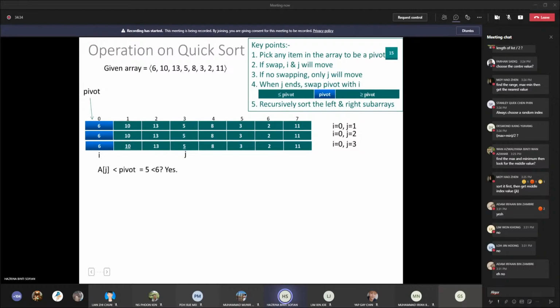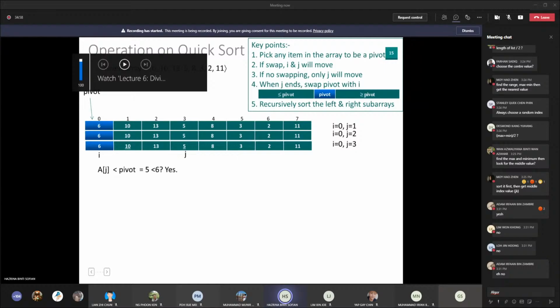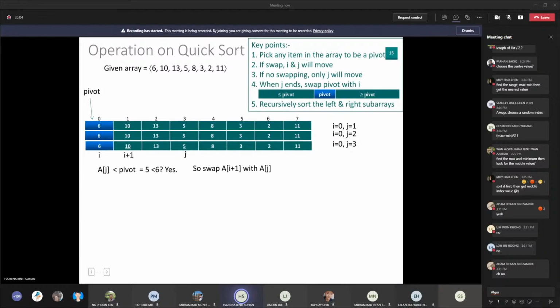Then again, we repeat. Is aj smaller than pivot? Is 5 smaller than 6? Yes. Okay, if yes, what should we do now? Move i and j. Okay, good. But before we move i and j, we need to do the swapping first.